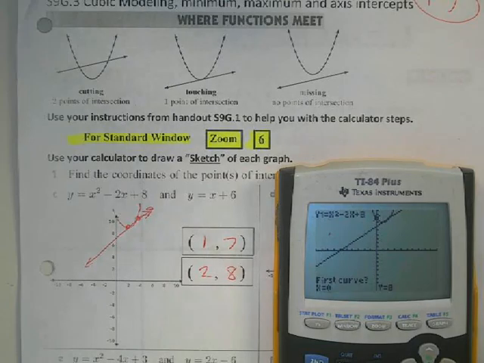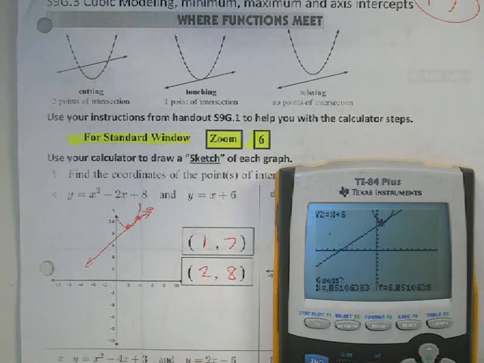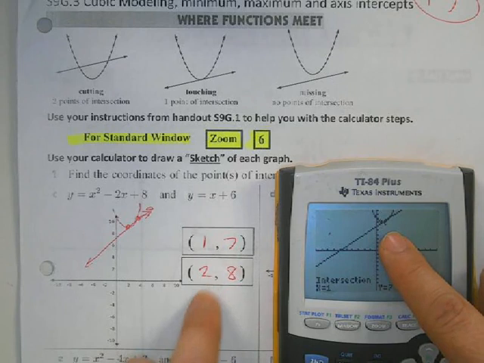I move the arrow there, it's close to it, see, it's blinking there. First curve, I hit enter. Second curve, I hit enter. Guess, I hit enter, and now it tells me that the intersection is 1, 7.